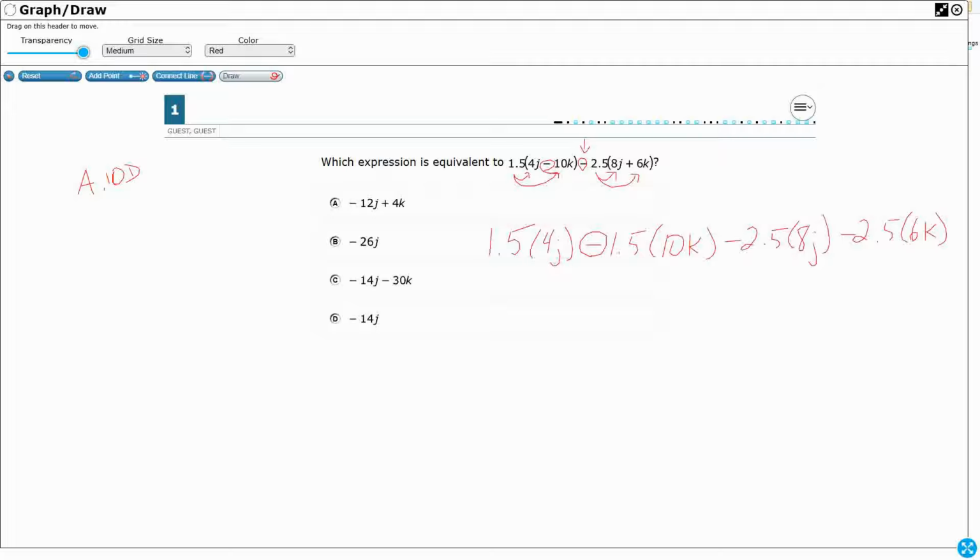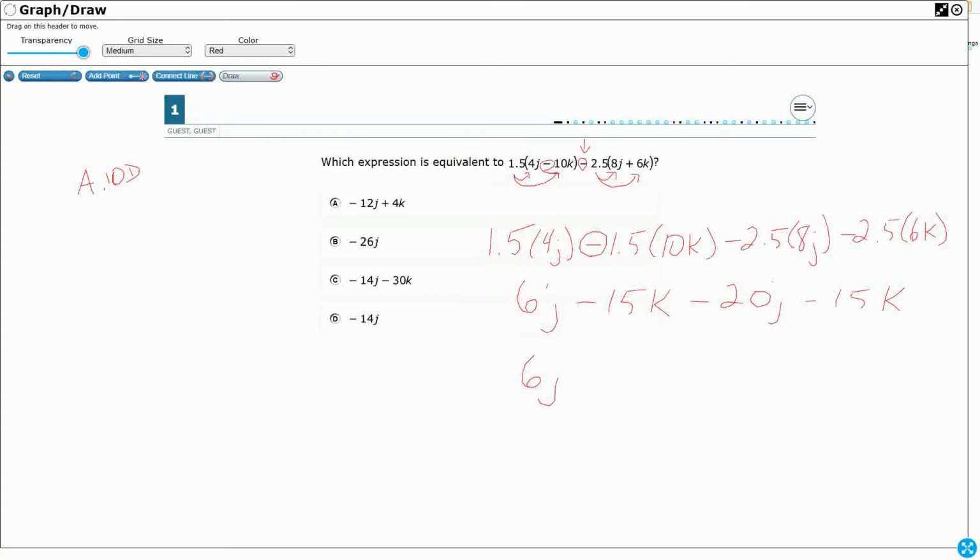So 1.5 times 4, that's going to be 6j, minus 15k, minus 20j, and then minus 15k. So let's combine like terms.